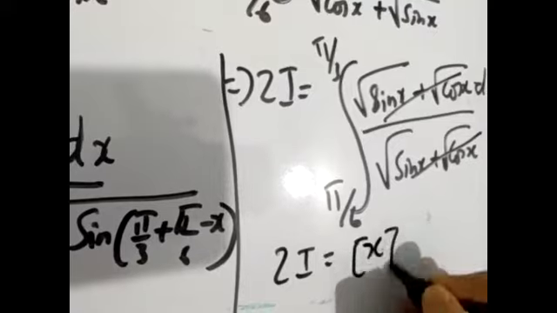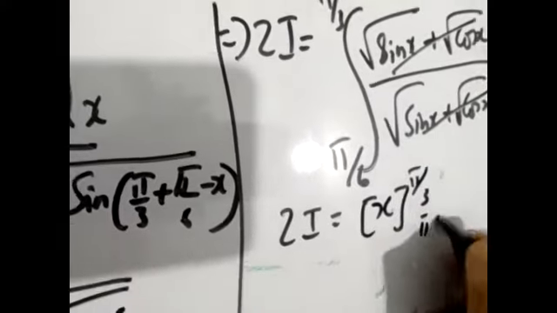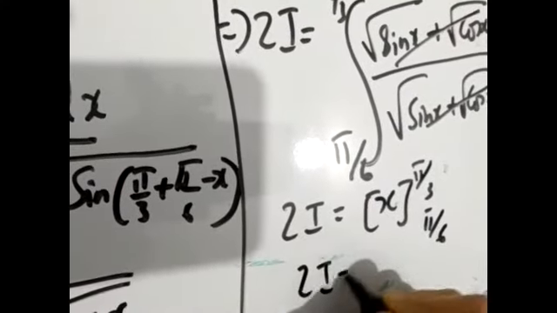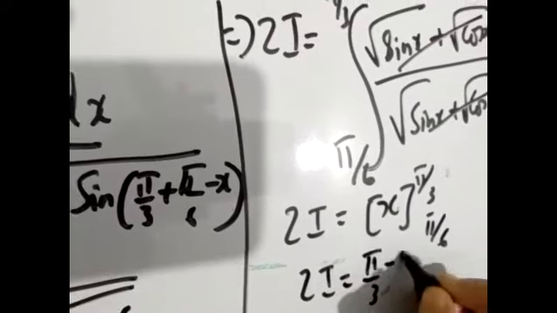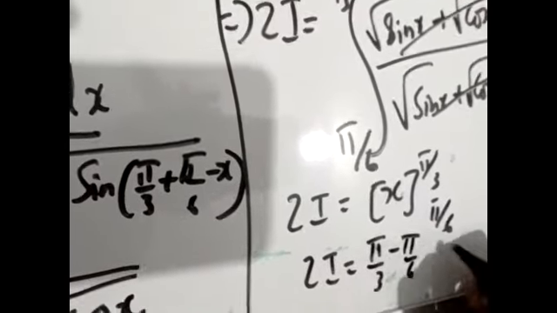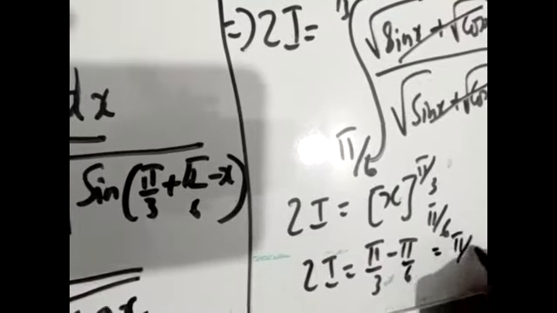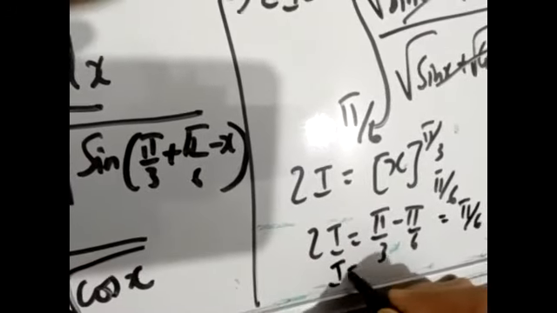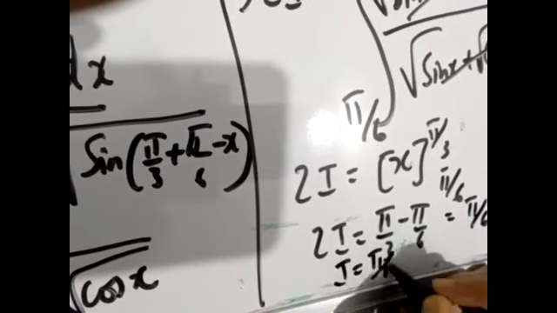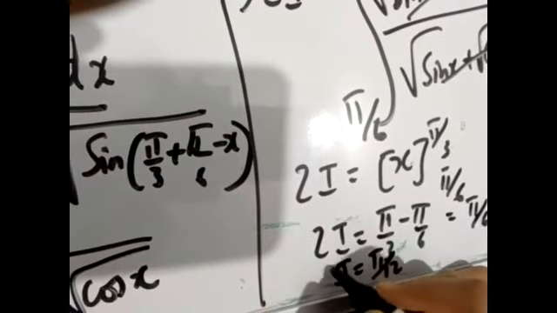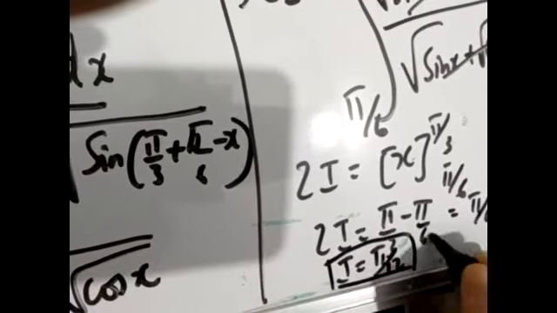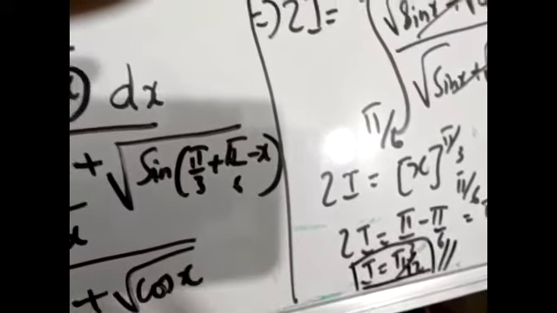And if I put the limits pi by 3 to pi by 6, I'll get 2I equal to pi by 3 minus pi by 6, which I get as pi by 6. But what is I? I is the question. I is pi by 12. 2I, bring it over here, and pi by 12. Tiny answer, right?